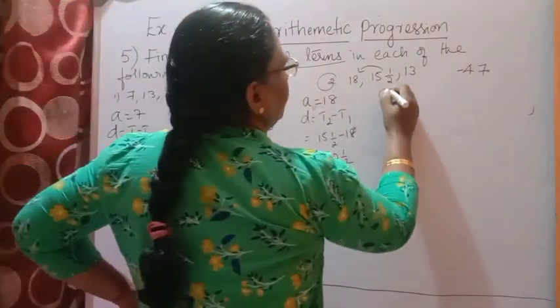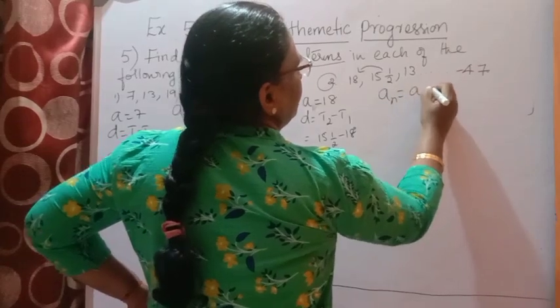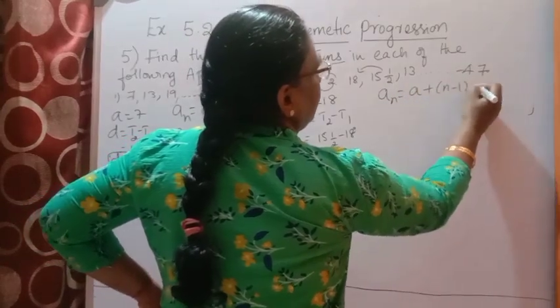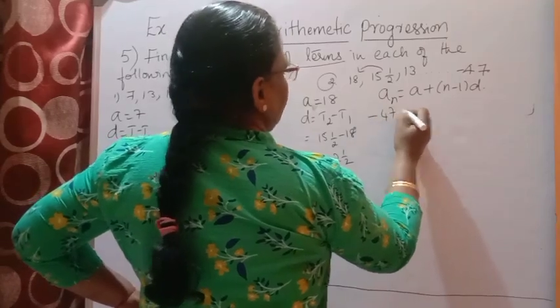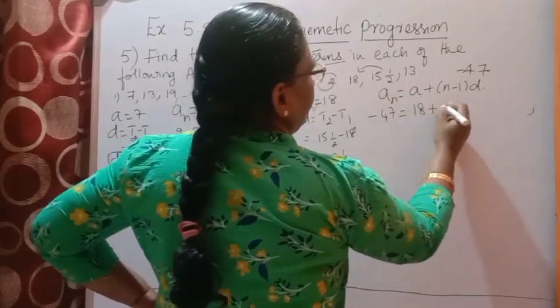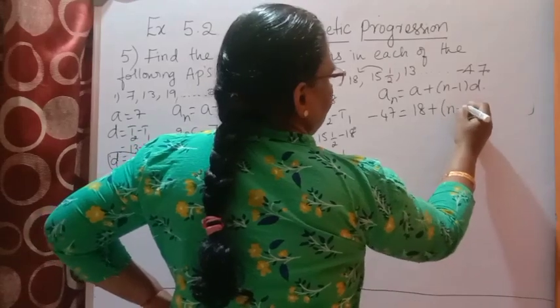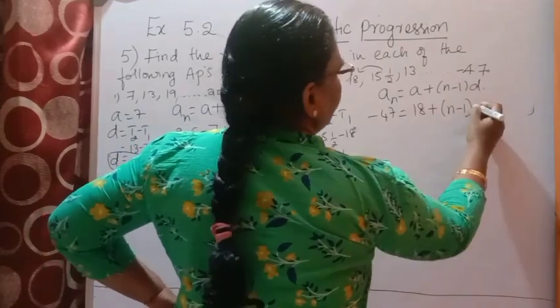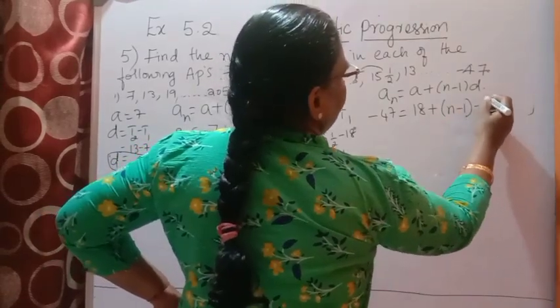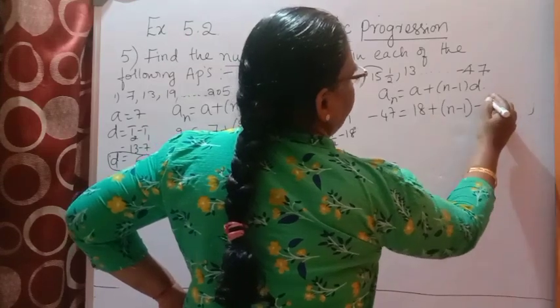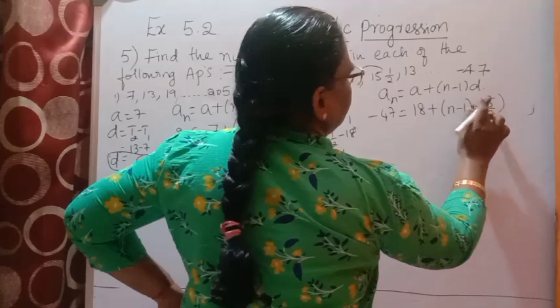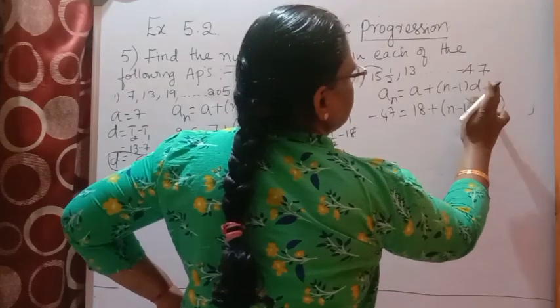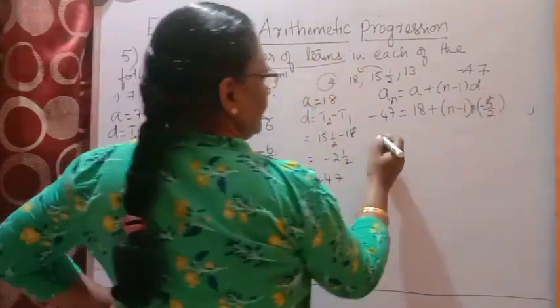So let me substitute the values. an is equal to a plus n minus 1 into d. an is minus 47 is equal to a, that means 18, plus n, we don't know, we have to find out, into d, which is minus 2 and a half. 2 and a half you can write as 5 by 2, put it in the bracket. Put the value in the bracket.